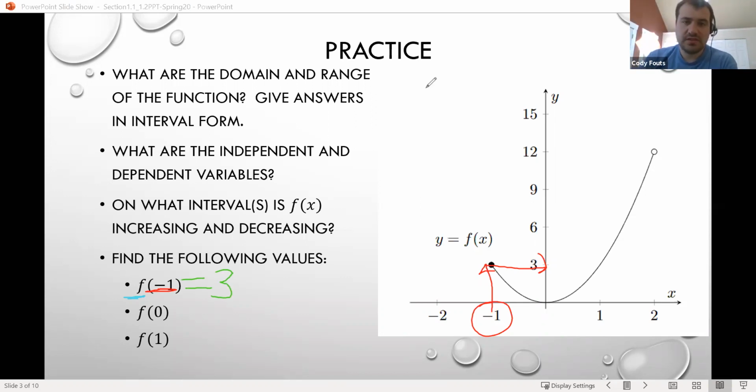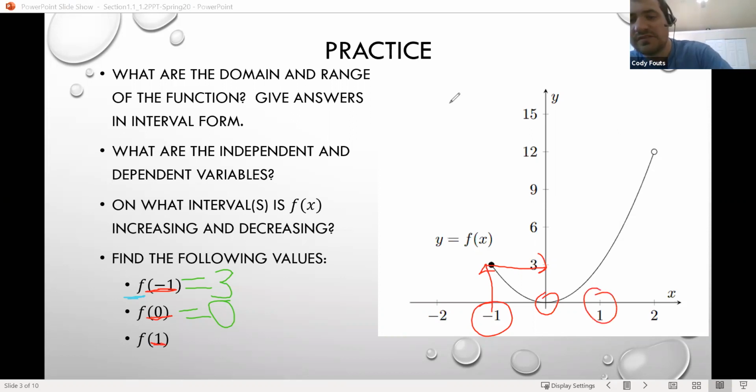Okay. Similarly for 0, we use that as our input. So for an input of 0, what's the output? Well, right there it goes through the origin. So the output there would be 0. And then finally for f of 1, we're using an input of 1 now.